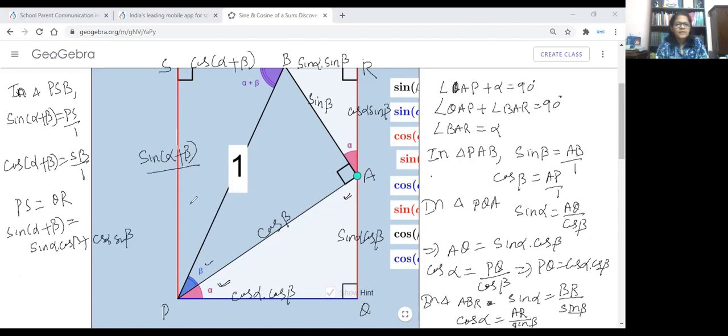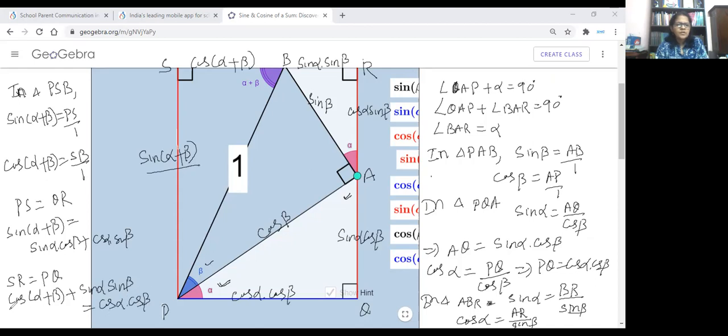Okay. Similarly, for the other pair of opposite sides, SR equals PQ. So SR equals cos alpha plus beta plus sine alpha into sine beta, and that is equal to cos alpha into cos beta.